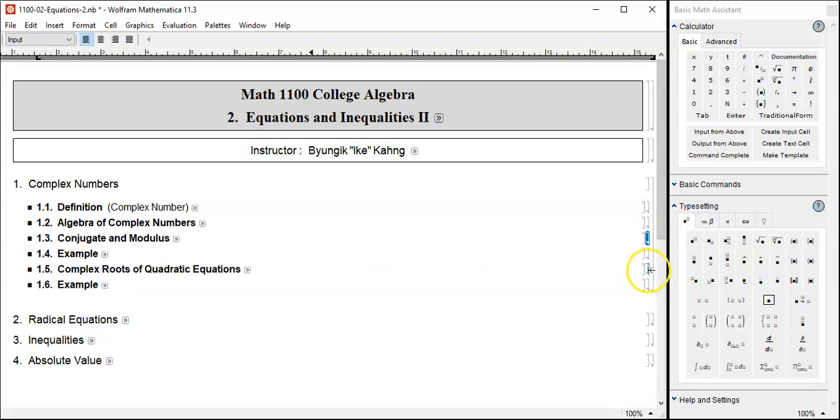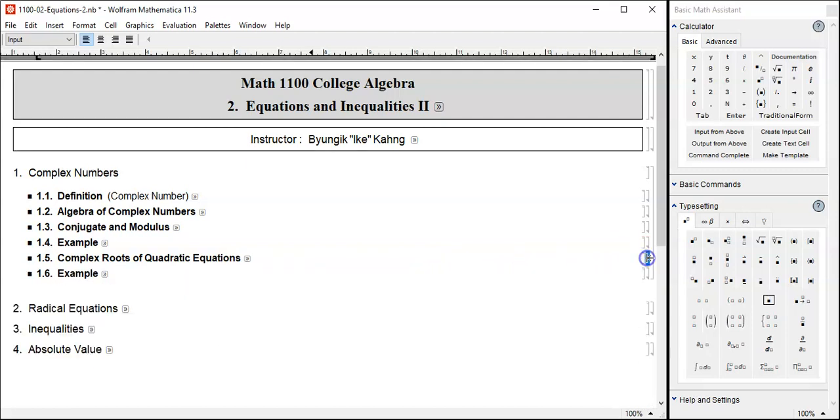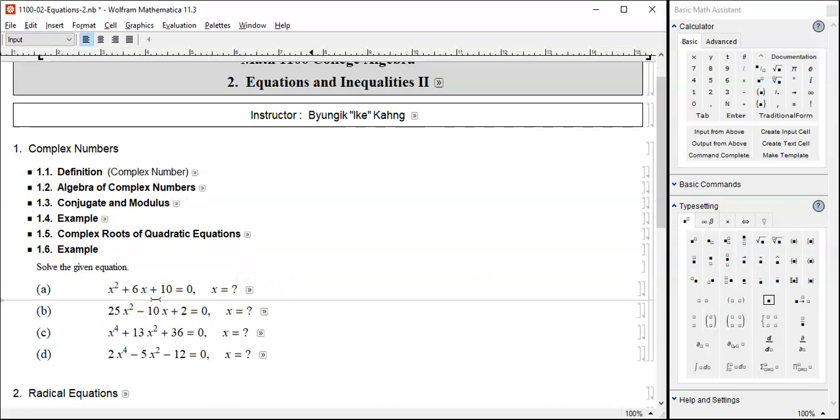Instead, let's talk about solutions of quadratic equations. You see, you have the quadratic formula. And what if the inside of that quadratic formula, inside of the square root, is negative? What do you do then?